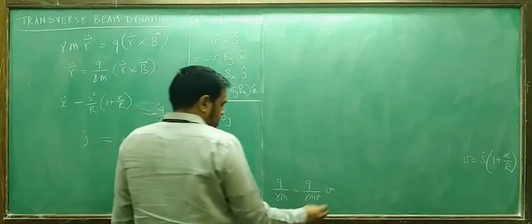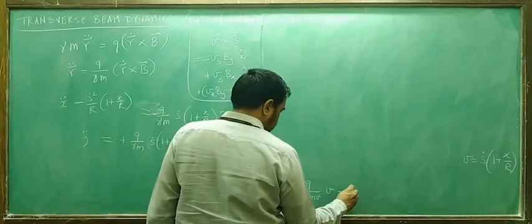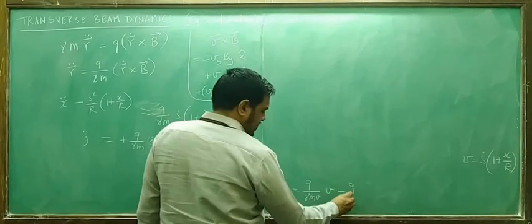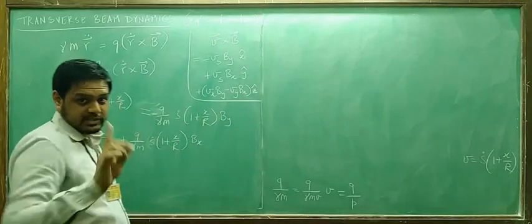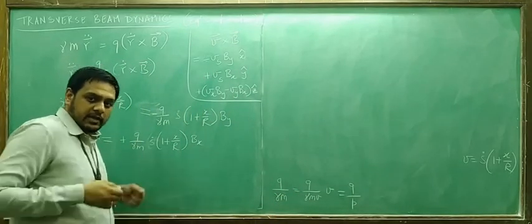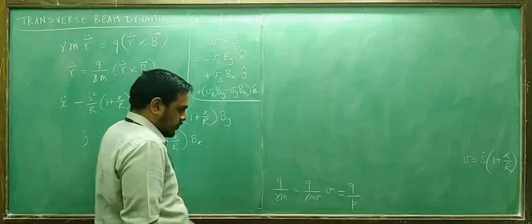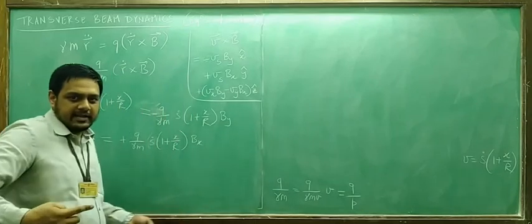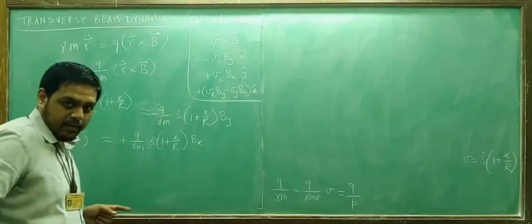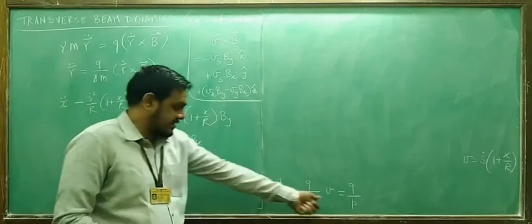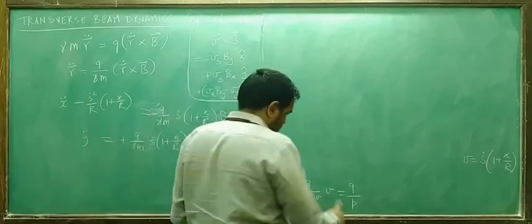So this will be what? Gamma mv, you can write it as P, it is the actual momentum of the particle, by the way. V we have used, not S dot. So it's not the nominal momentum, it is the actual momentum on the actual path on which it is moving. It is obvious that the nominal guy has less velocity and the other guy has more velocity, then naturally momentum also of the other guy will be larger. This is that momentum.